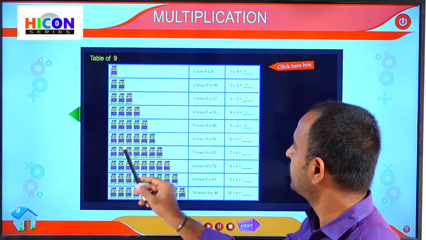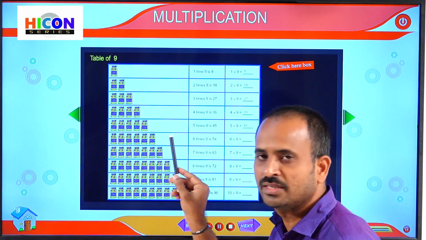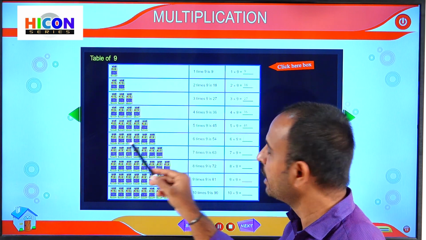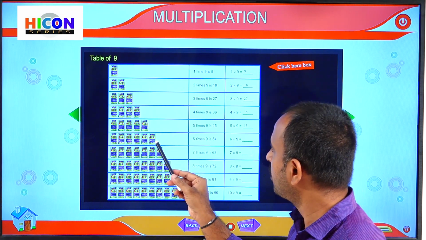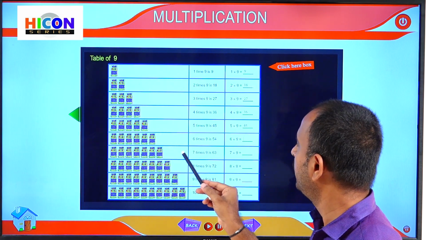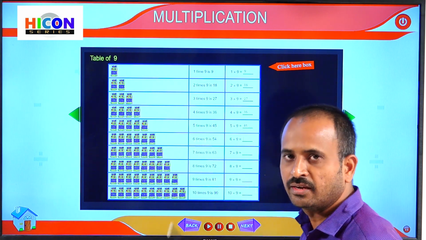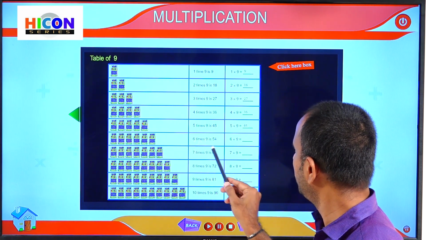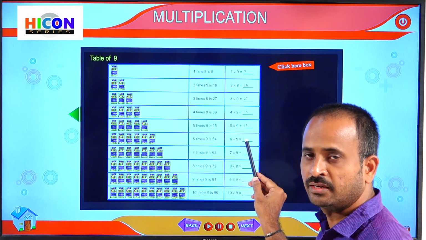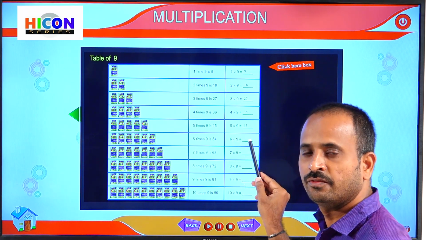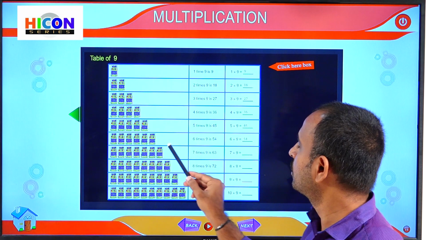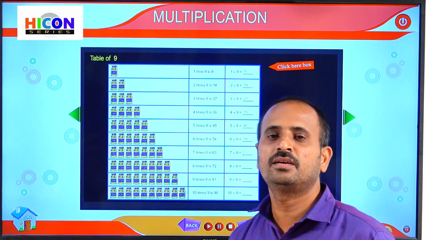So children, see the next one. There are 6 groups of pencils. Each group has 9 pencils. The total number of pencils can be obtained by 6 times 9. And it becomes 6 into 9. That is 6 nines are 54. So total there are 54 pencils.